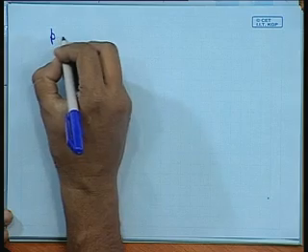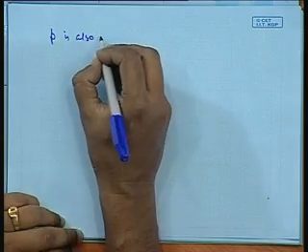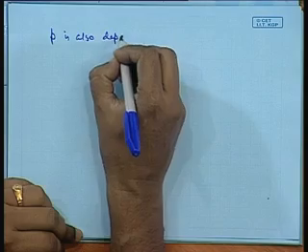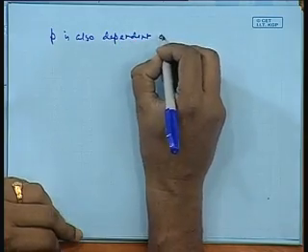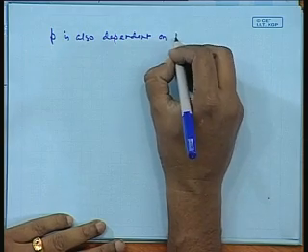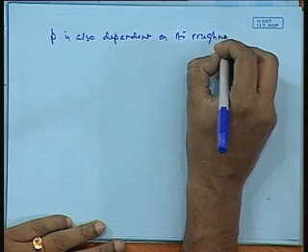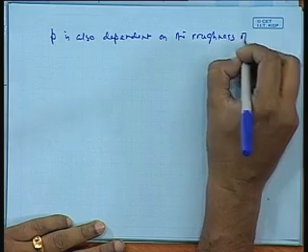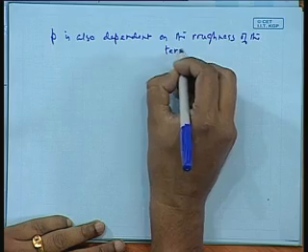Also, there is another effect: p is also dependent on the roughness of the terrain.